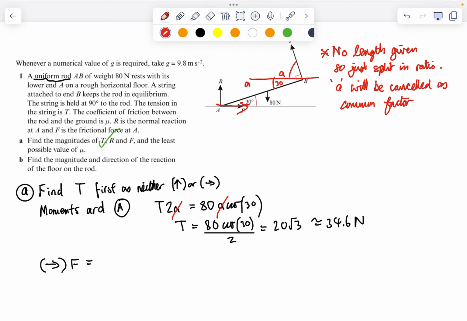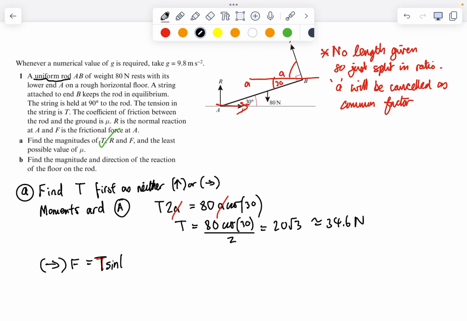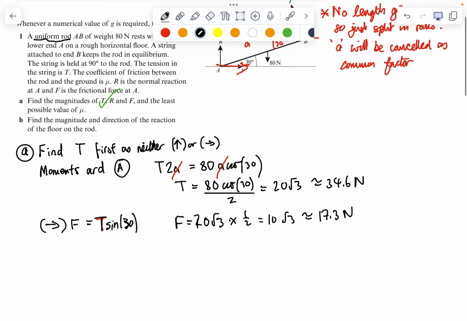So that means that I've got T sine 30. Right, so now that means that F is equal to 20 root 3 times a half, and that gives me 10 root 3, or about 17.3 newtons, and that's my frictional force.